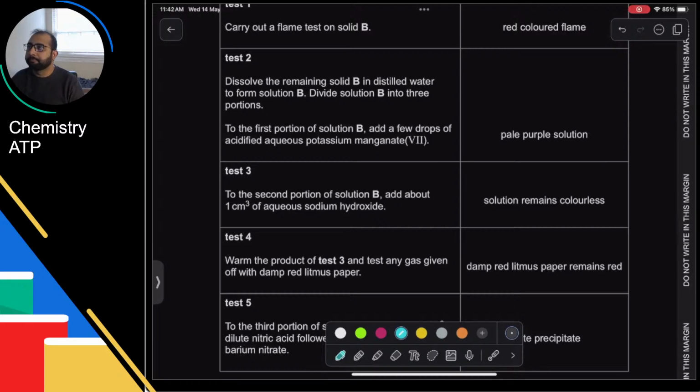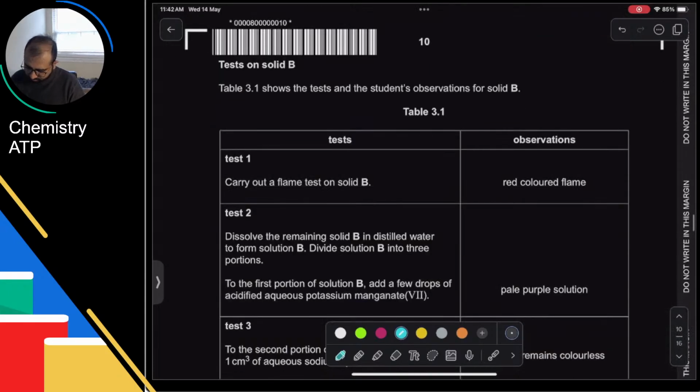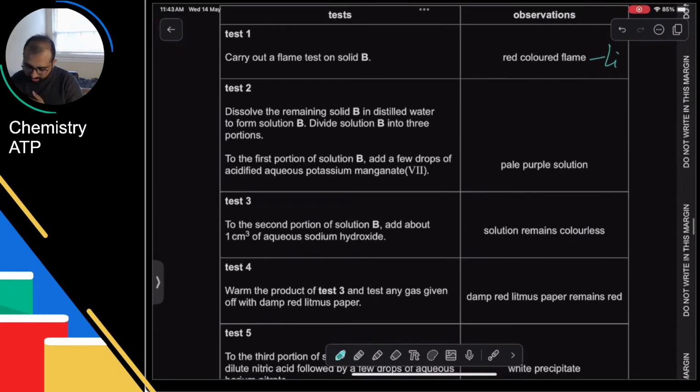Yeah, found it. Okay. So while you're reading it, don't just rush to the question. When you're doing it, write down whatever you think it should be. So this is gonna be lithium, because lithium ion gives me red color. Okay. Dissolve the remaining solid in distilled water to form solution B. So you have solution B divided into 3 parts. So this is B, this is B, this is B.